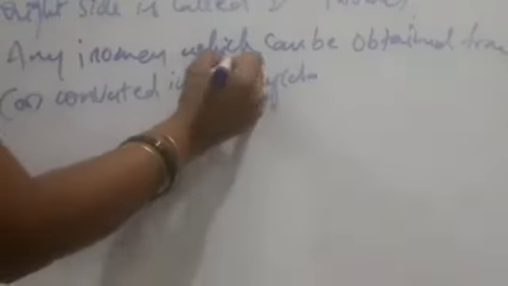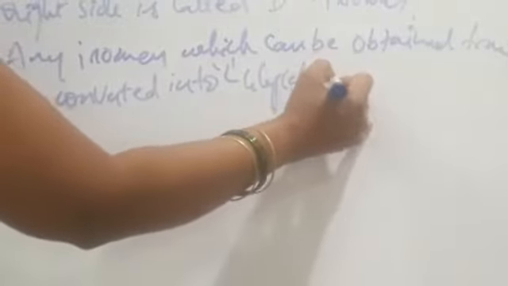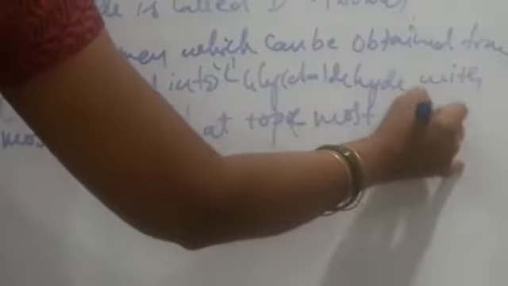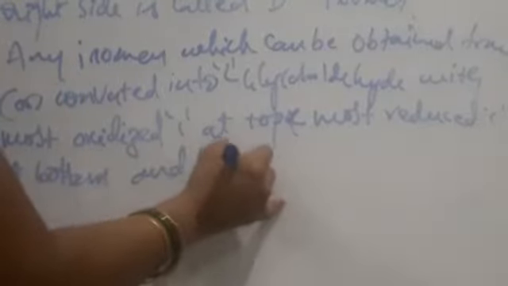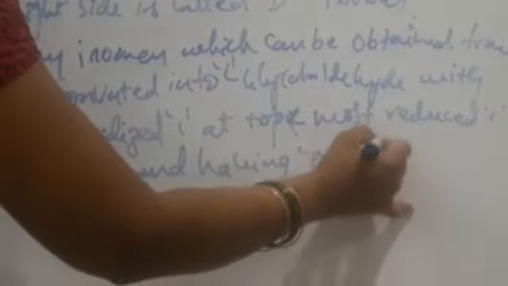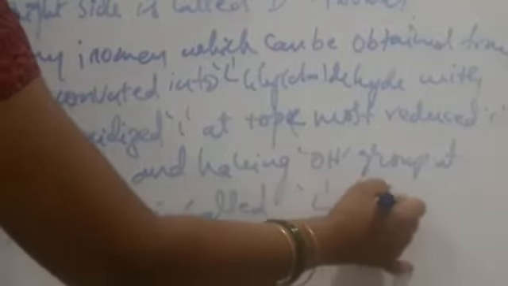So here D, this is L, glyceraldehyde with the most oxidized carbon at the top and most reduced carbon at bottom and having OH group at the left side is called L isomer. Okay, so D isomer, L isomer.